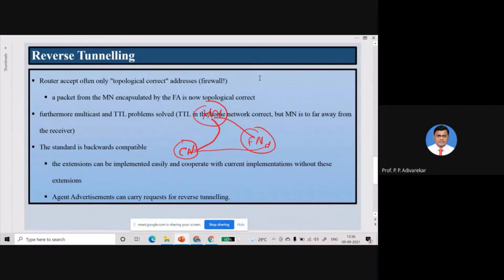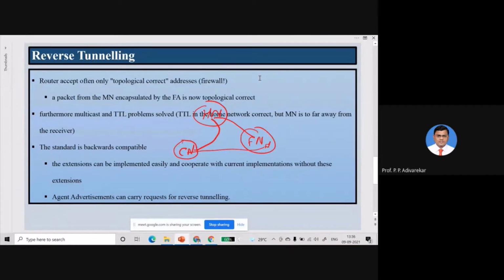It is just an additional part which you attach if you need reverse tunneling, and you just have to specify that. The standard does not replace the overall existing standard.